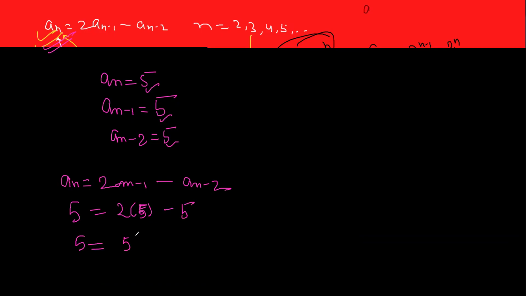So I am trying to put here 2 into 5 minus 5. 10 minus 5 is what? 5. This is valid? Yes. So this is true. It is a solution. Okay. Solution means what?